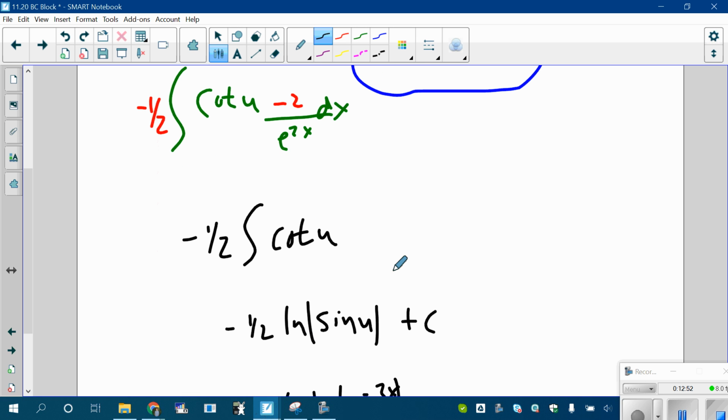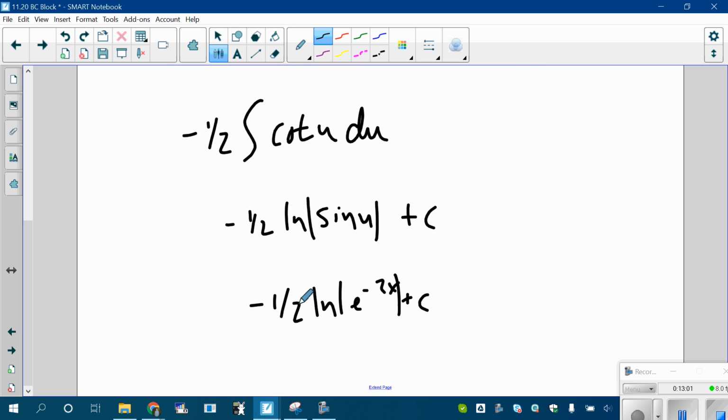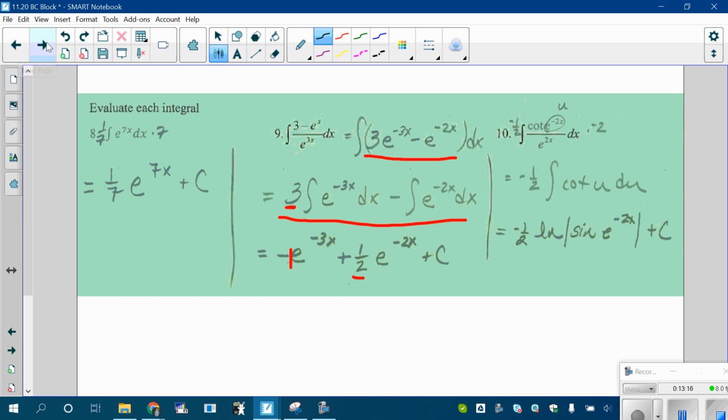I ended up with this integral. Toss a du there. What's the integral of cotangent? Ln of sine. It's one of those ones you have to memorize or derive. Don't forget to change it back. Oops. Should be sine of e to the negative 2x. Cool. Moving forward.